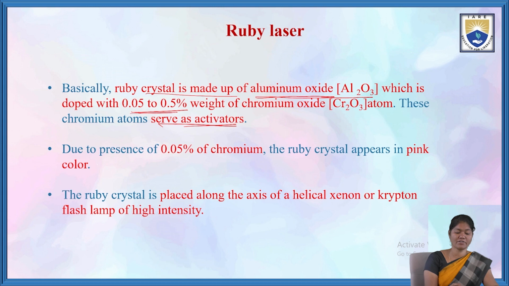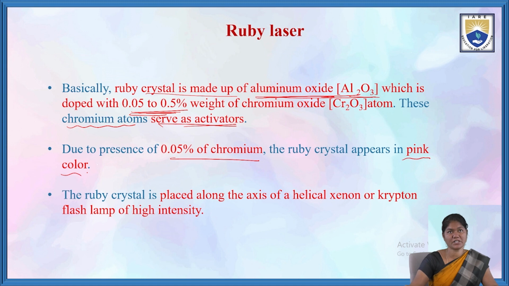Because of this doping, the chromium atoms act as activators. Due to the presence of 0.05% of chromium, the ruby crystal appears pink in color.